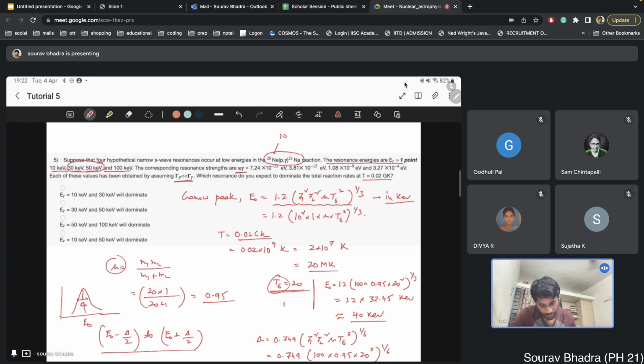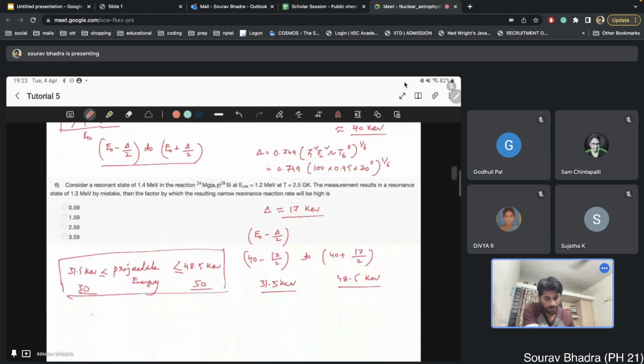So the answer will be that if your resonance energy is 30 to 50 keV, then the reaction will occur. 10 is much lower than the energy range, and 100 is much higher than the energy range, I mean the width of the gamma peak. That's why for those two values the reaction will not occur. So that is the result, ER 30 to 50 keV, exactly coming from this range.